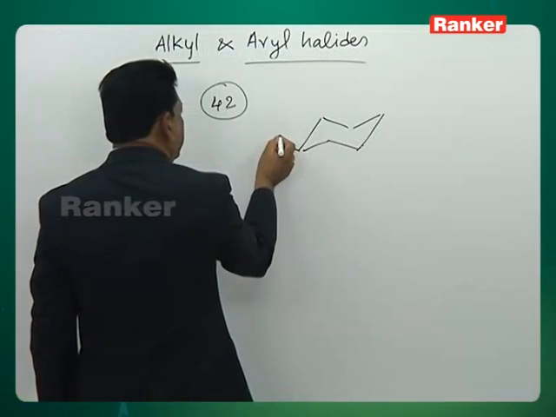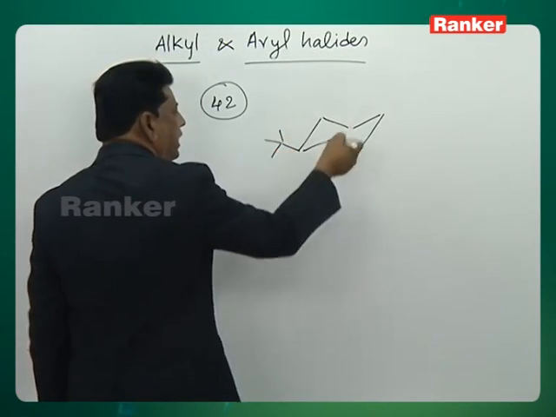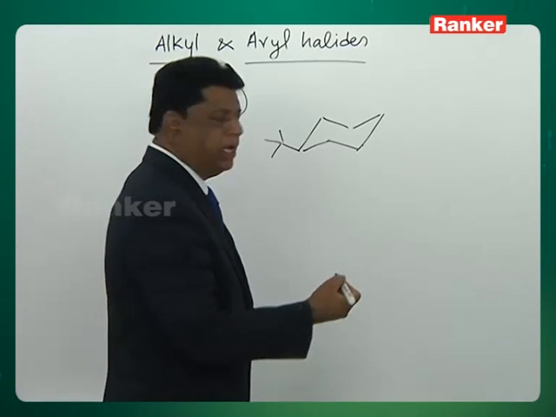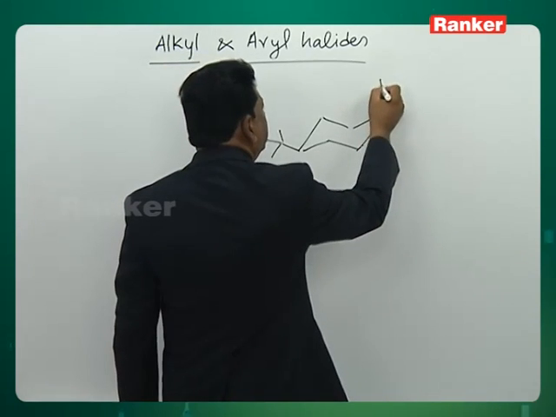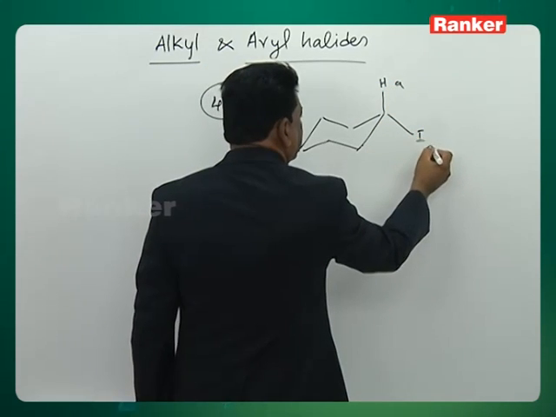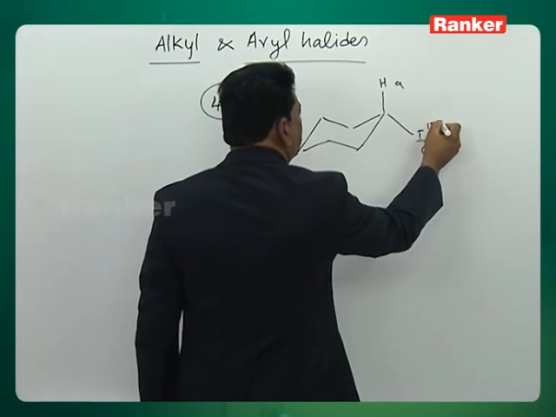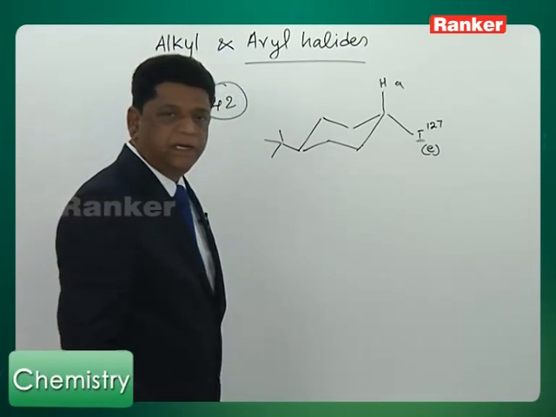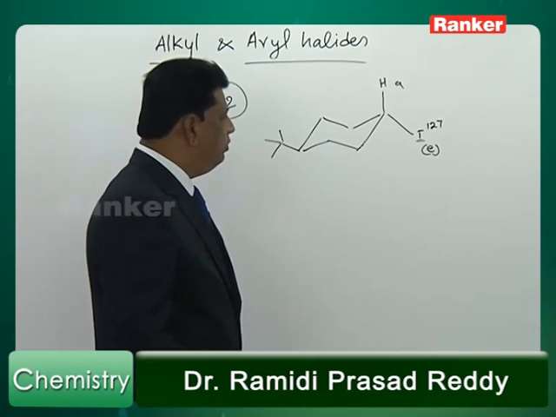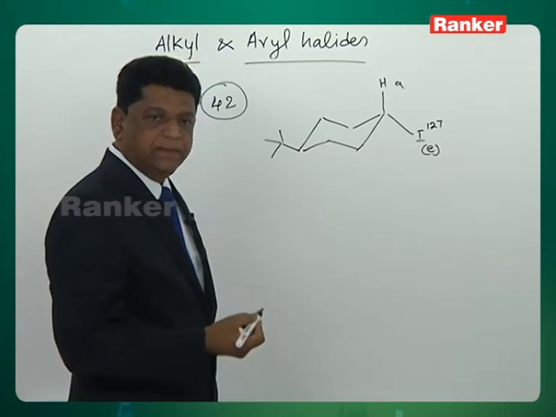Here a tertiary butyl group is added so that the ring will not undergo flipping, and in one compound the hydrogen is axial and the iodine is equatorial. This is the original iodine-127. This is treated with iodine-128, that is the labeled iodine. So this iodine will go, and another iodine is coming in this reaction.